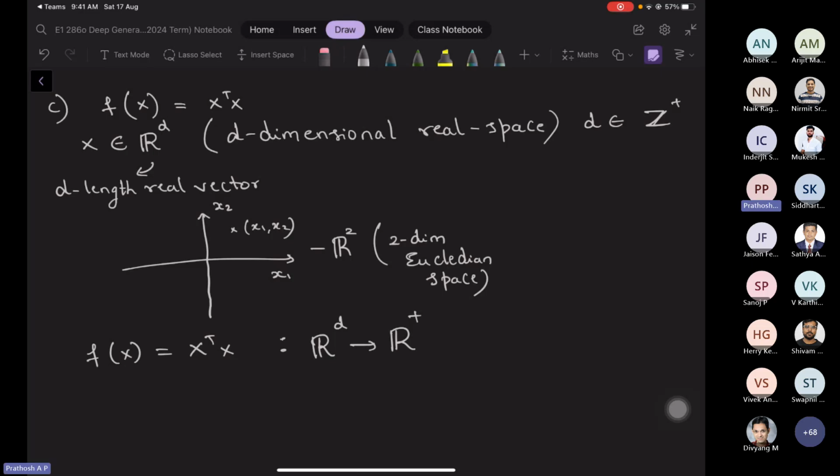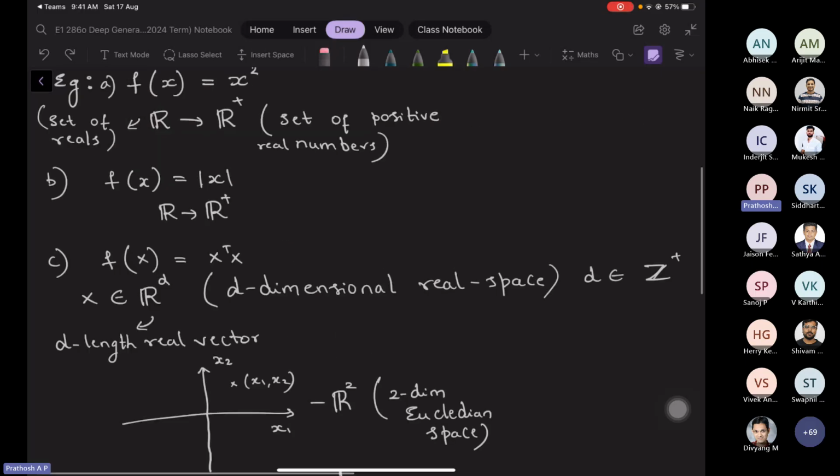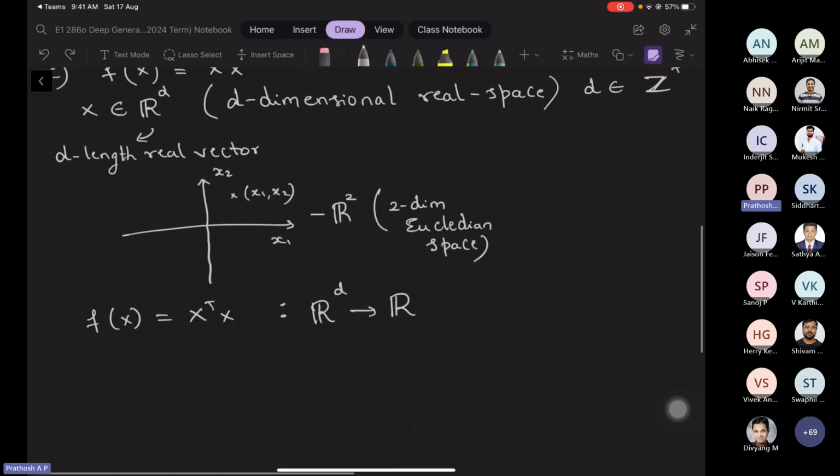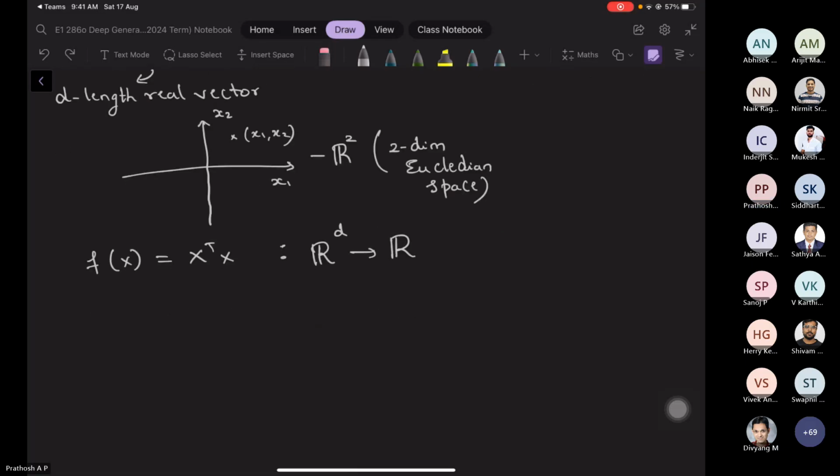Now inner product can be negative as well, so it maps Rd to R. So this function takes as input a d-dimensional real vector and gives out a real number. There are multiple examples of what functions constitute.